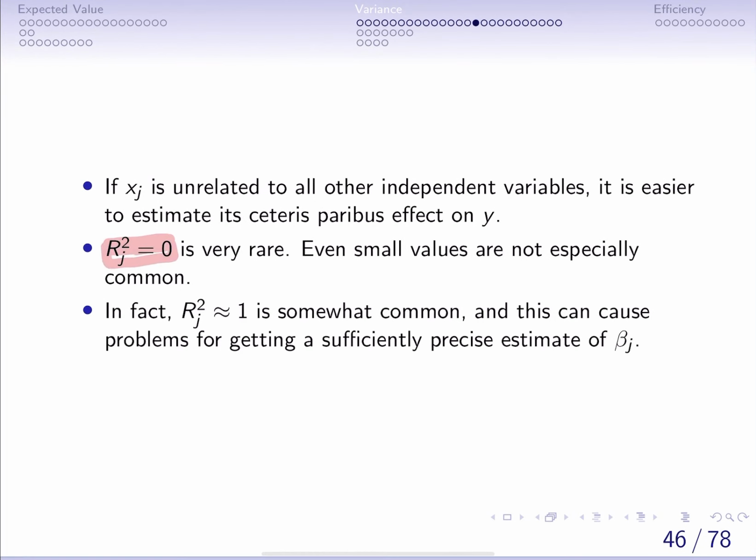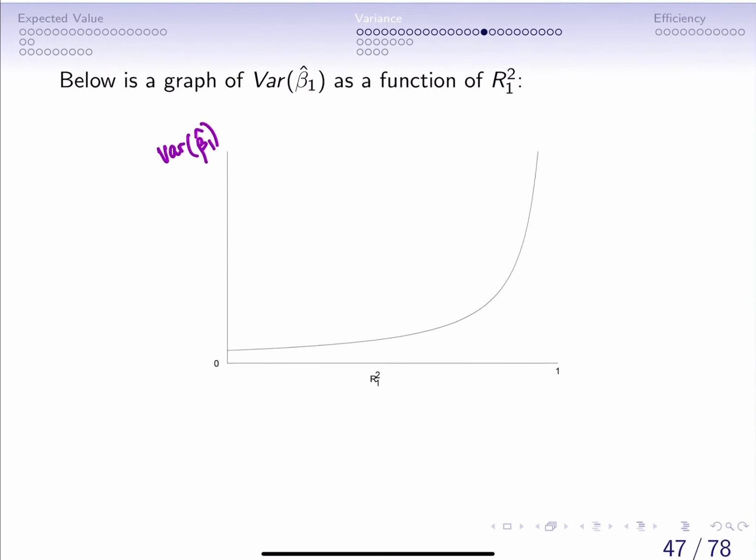Even small values of R squared j aren't very common. And in fact, R squared j closer to 1, so not equal to 1, but closer to 1, is somewhat common. And this can sometimes cause some problems for getting a precise estimate of beta j.